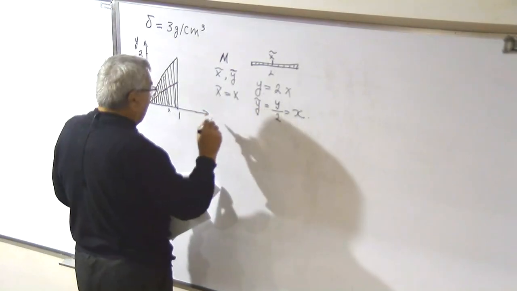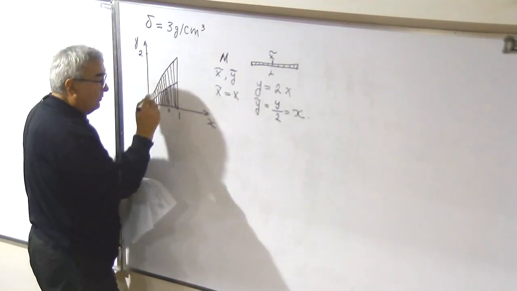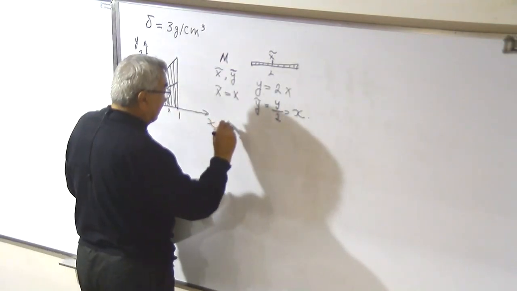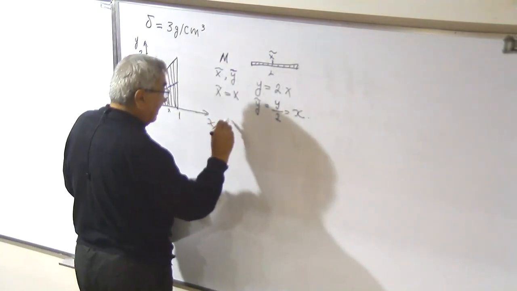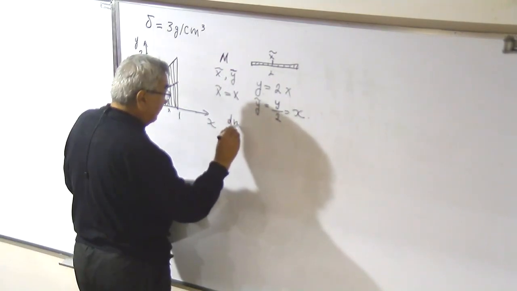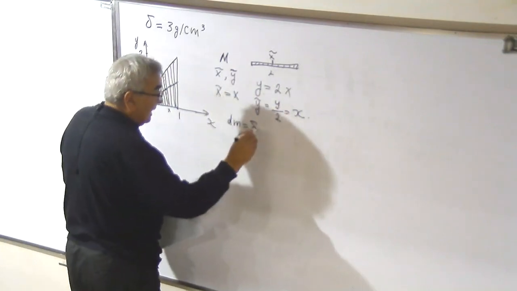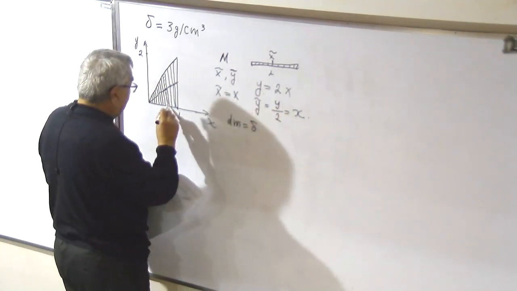Therefore, because the mass distributes uniformly, I will write that dm should be equal to delta times what?